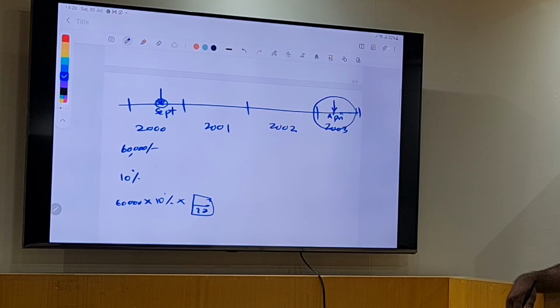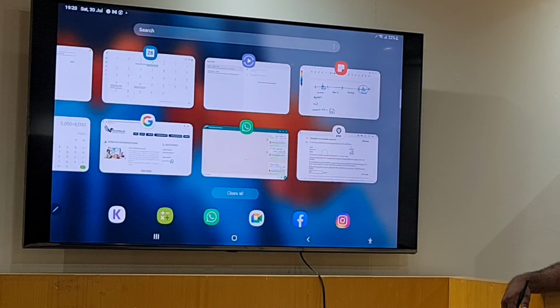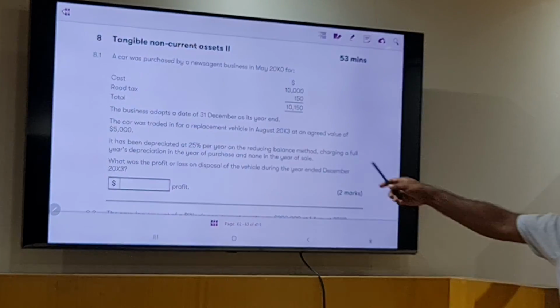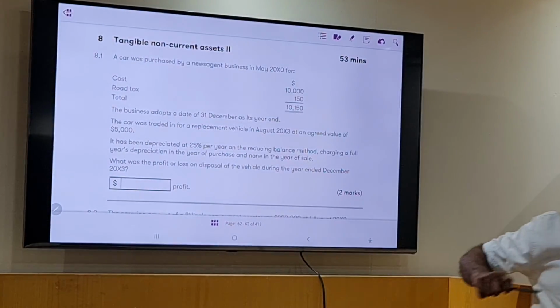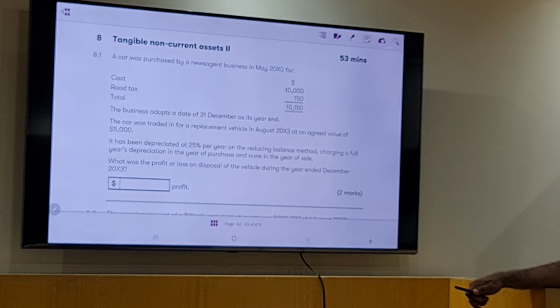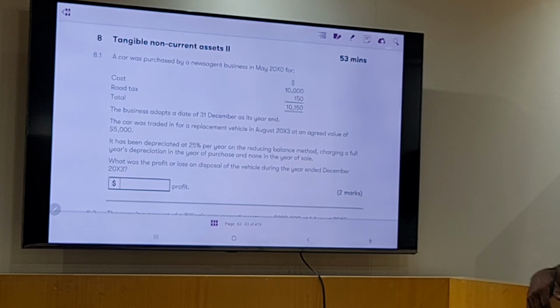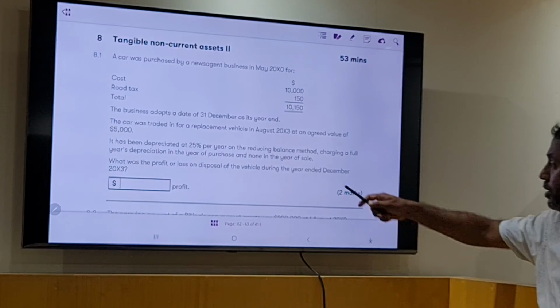Clear? Now let's go to the question. They say what? Read this from here to here. This is the end. In the year of sale, will they calculate depreciation or not?